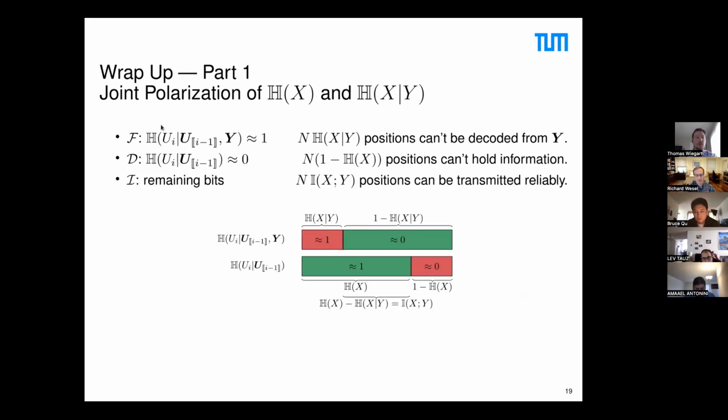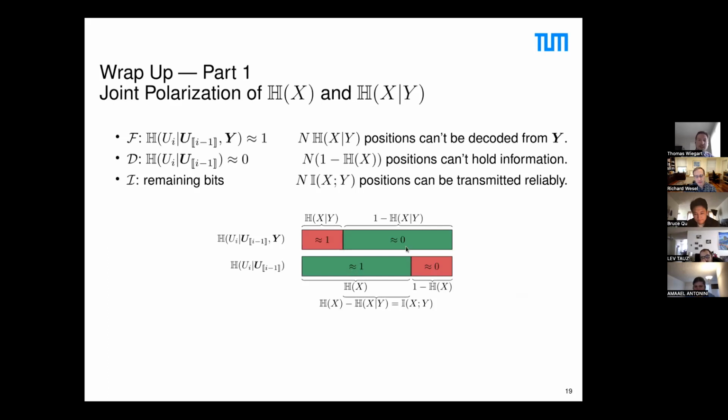Now, if we want to create a code with some distribution, then we have another polarization going on. And we have some bits where we can't put in data in order to generate our code word. These are the bits over here. They also can't hold information, but we have to set them somehow depending on the message that we transmit, such that we can generate the code word.